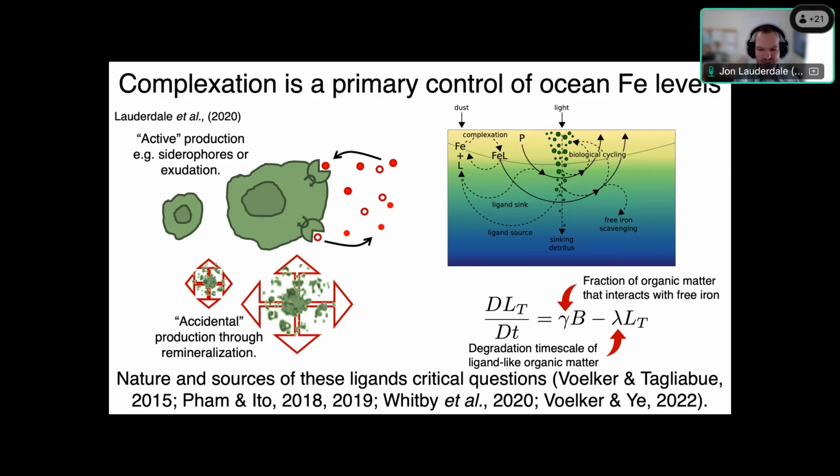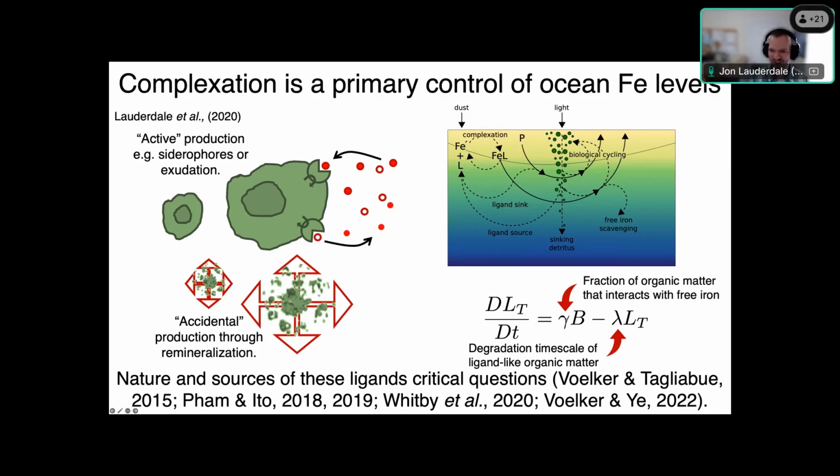But the approach we wanted to take was to think, okay, how can we calibrate a parameterization of ligands using the observations from the GEOTRACES project? And so we came up with this two-parameter scheme.